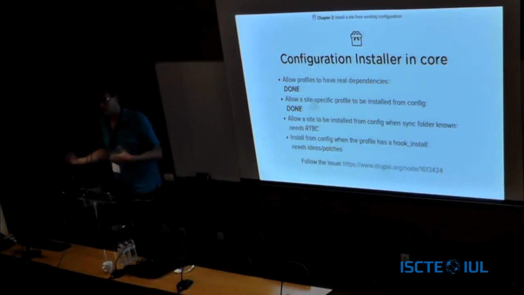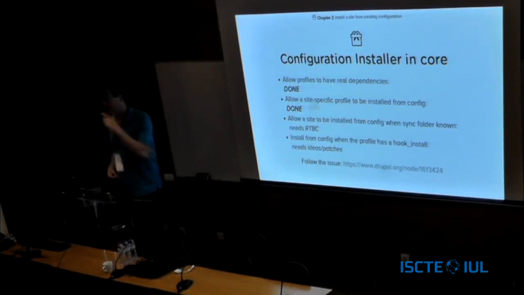But then you cannot install standard, which depends on contact, but contact is not meant to be enabled, and then it's like, oh, you can't enable it because the module is not there. So this is solved in Drupal 8.6. Modules will have real dependencies and a list of modules that you can disable.